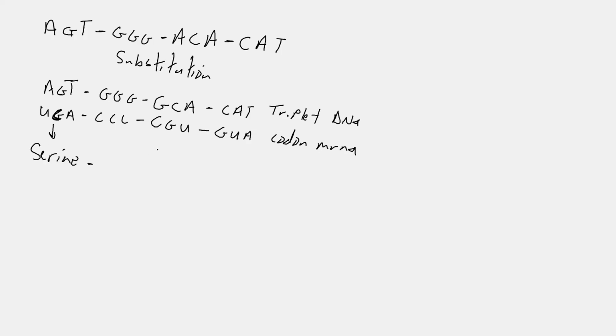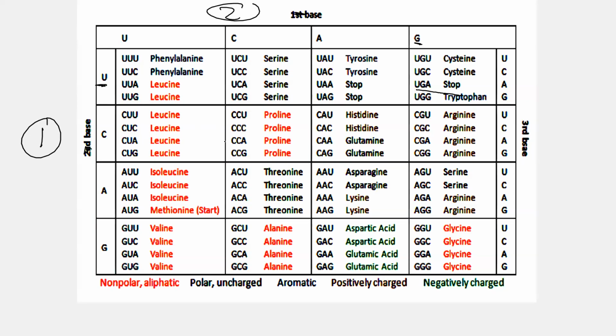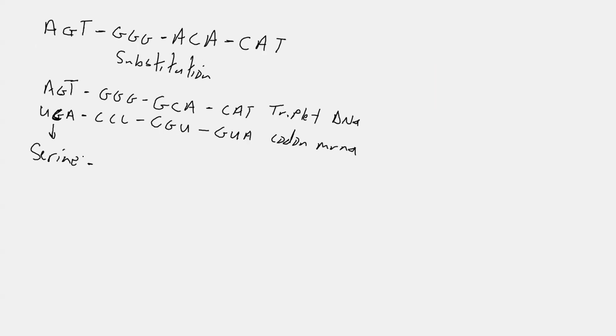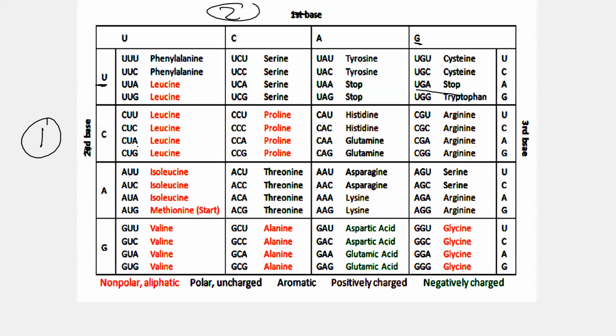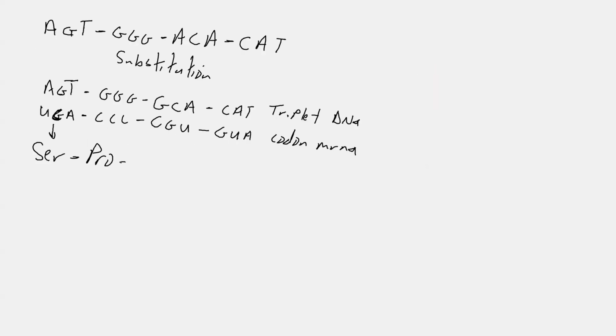So we have serine as one of the amino acids, and we have CCC, proline. I'm just going to write the abbreviations here, it will take less time. After all, you should remember what these things are. So we have serine to proline. Then we have CGU, which is arginine.